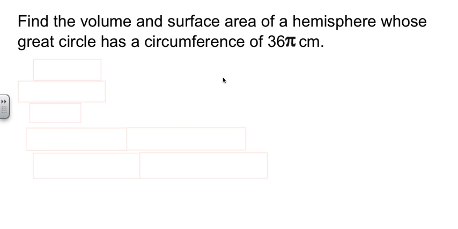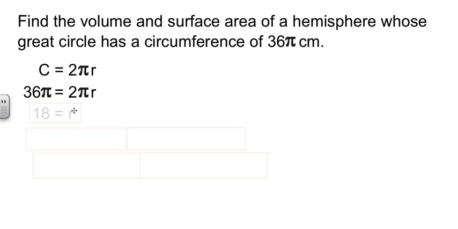Well, we don't have the radius here, but we can find it because circumference equals 2 times pi times r. Substitute the 36 pi in for the circumference and divide, and now we know our radius. And knowing our radius gives us everything we need.